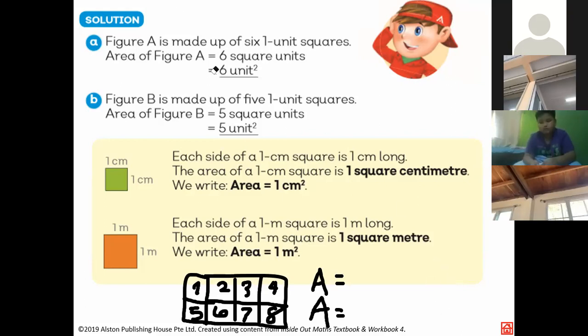First, you have to write 8, and then square units.